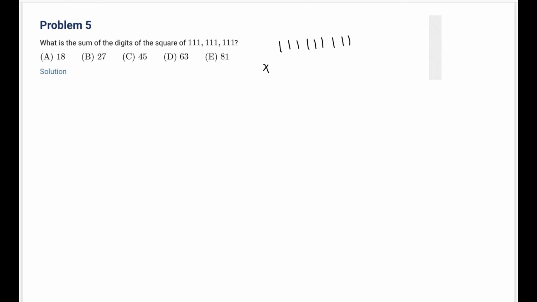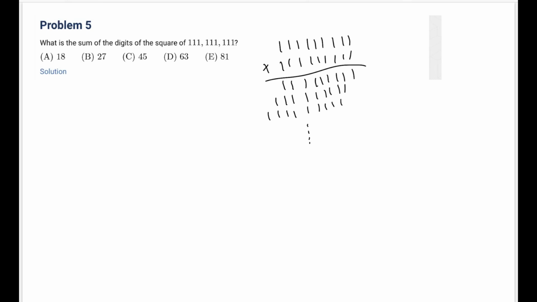111111111 multiplied by 111111111, right? So this would be 111111111, 111111111, 111111111, all the way until this becomes 1111111, and then this corresponds to this line here.